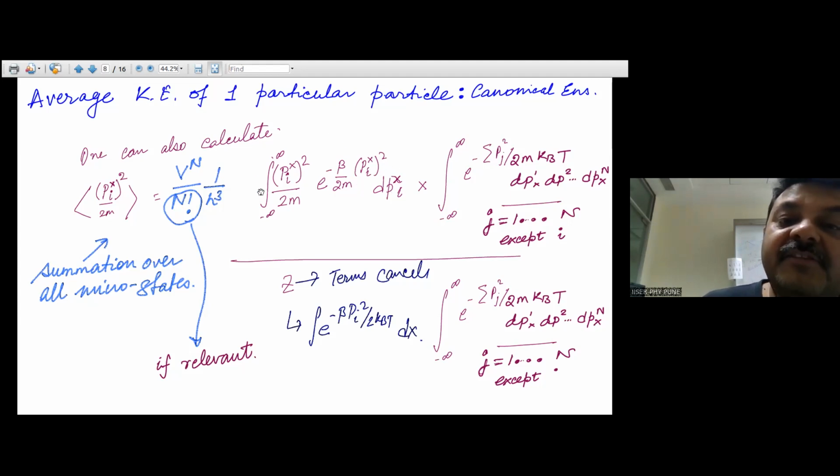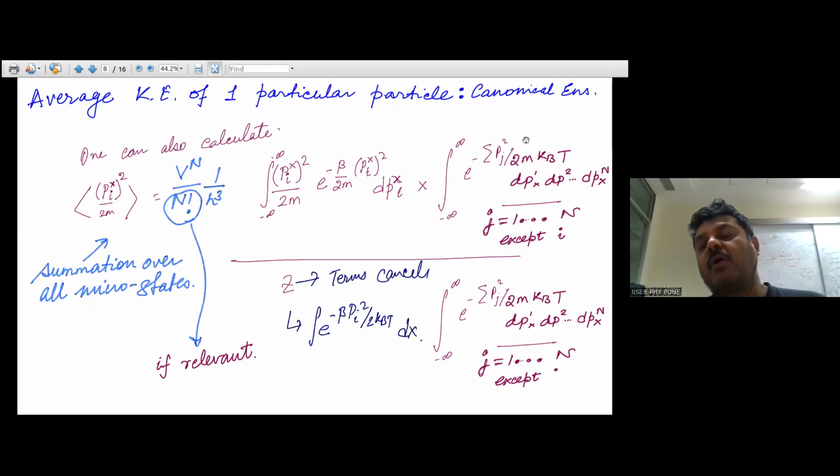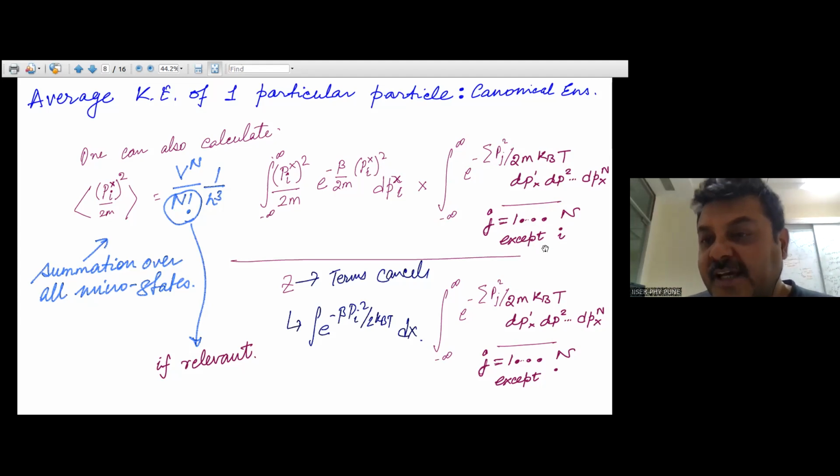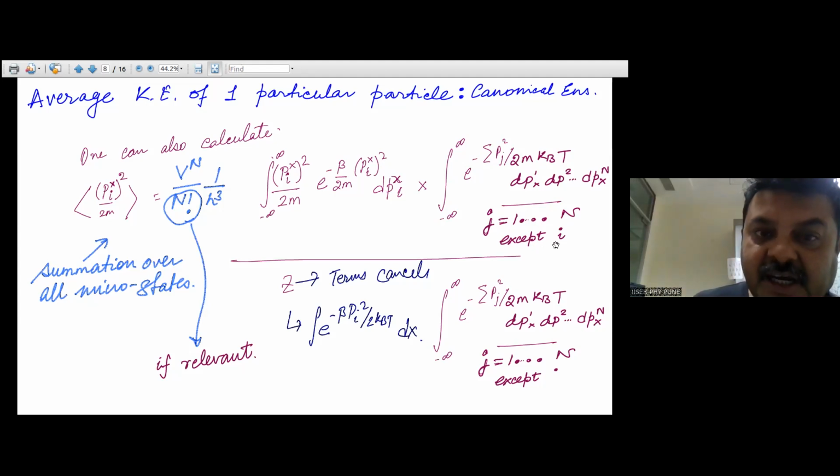That's why I have written this separately and all other degrees of freedom separately. There should be 3n except i.